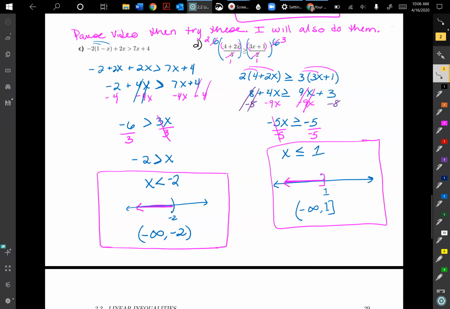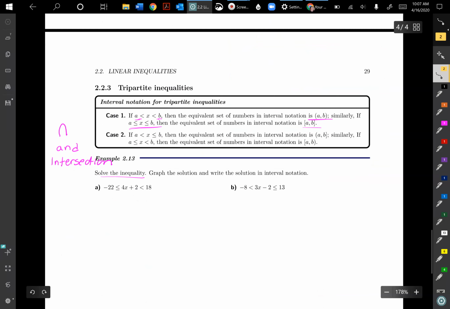So we're not going to get an equivalency like you would checking for equations, but you get a true statement, and that's what we're looking for. I'll work through one of those at the end.